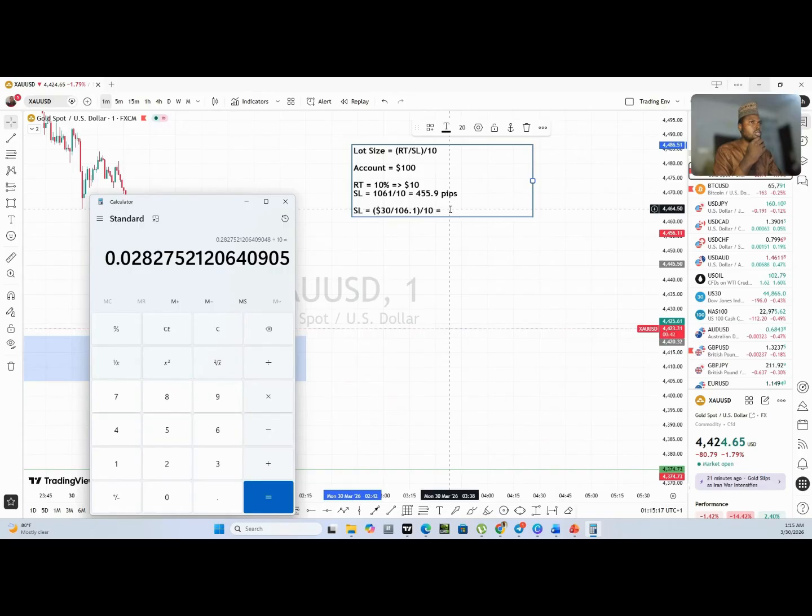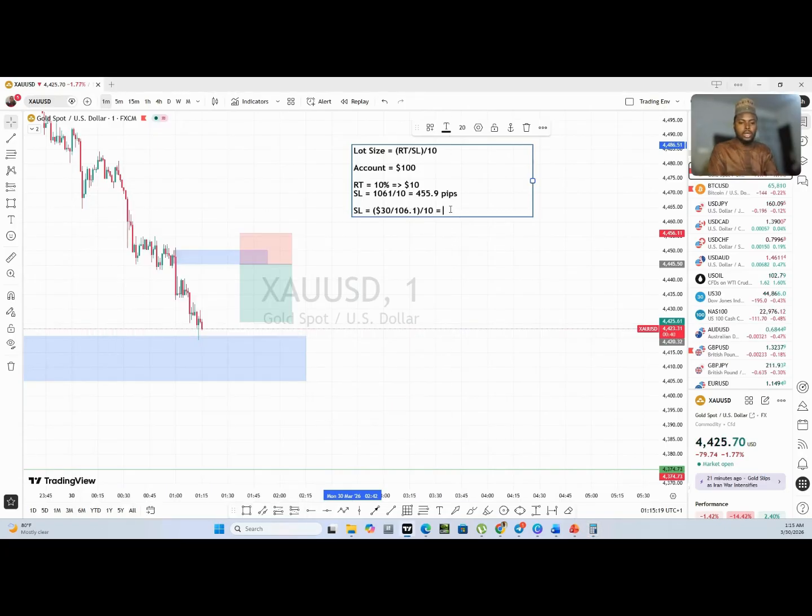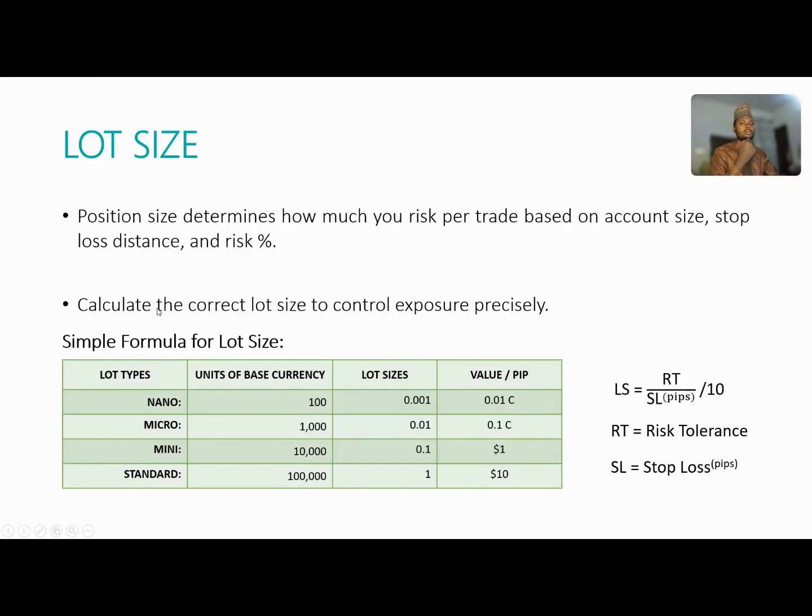So it's going to be 0.03. That means we fall under which category? Micro. 0.03 means we are going with 3,000 units of base currency.